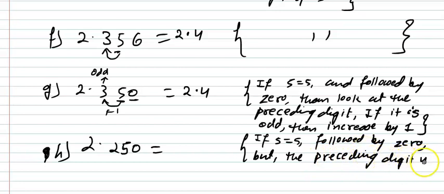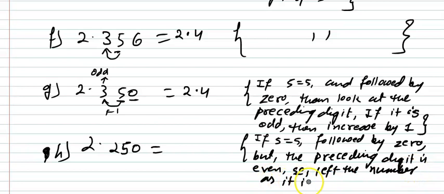So leave the number as it is. We are not going to change it in that situation. So here we have to round off up to two significant digits. So 5 is followed by 0, but this one is an even number, so the number will be 2.2 only. Getting it?